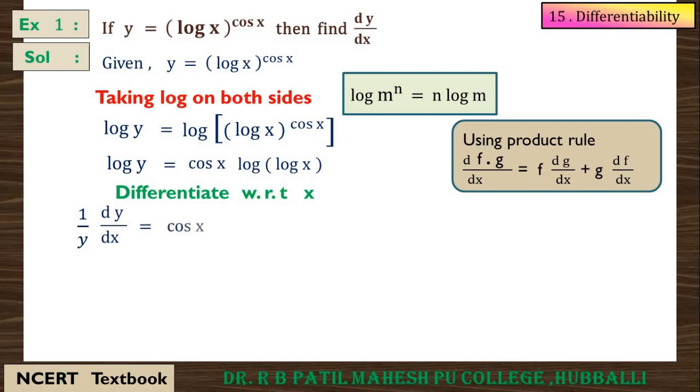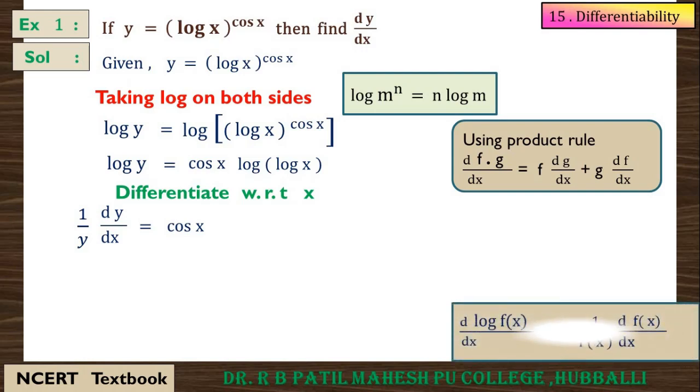First function as it is, cos x. So derivative of log log x. This is a composite function of logarithm. So you know the formula, log of f of x, its derivative is 1 upon f of x, and after that the derivative of f of x.